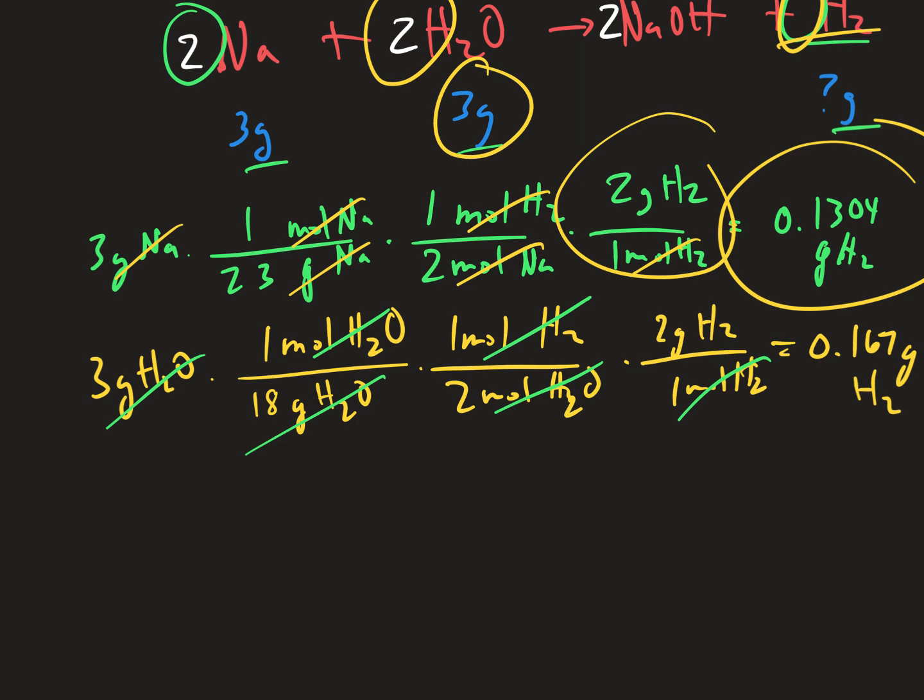So we're going to do the same thing. 1 mole of sodium to 23 grams of sodium, and then convert moles of sodium to moles of water. It's a 1-to-1 ratio, or 2-to-2 ratio. 2 moles of sodium to 2 moles of H2O. And then keep going. 1 mole of H2O has a mass of 18 grams of H2O.